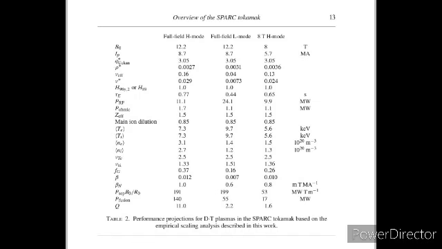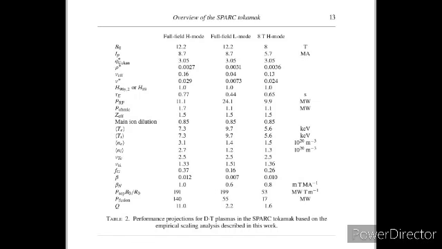In addition, SPARC is projected to meet its Q greater than 2 mission when performance is calculated using the other H scalings in the ITER physics expert group on confinement and transport, the various energy confinement time scalings proposed in the ITER Physics Basis.